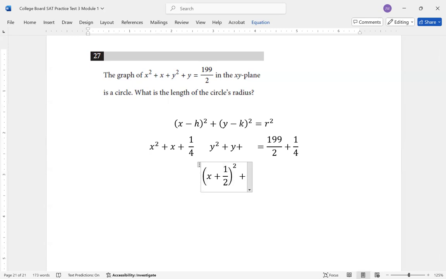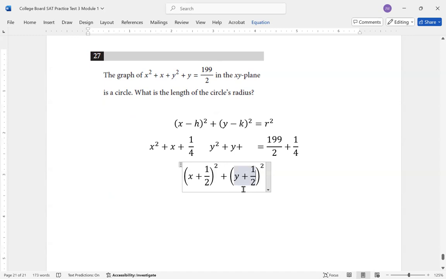Then I do the same thing for the y's. We're going to do (y minus k) squared. What does this k have to be? Well, I'm going to need a plus 1/2, so my k is going to be negative a half.